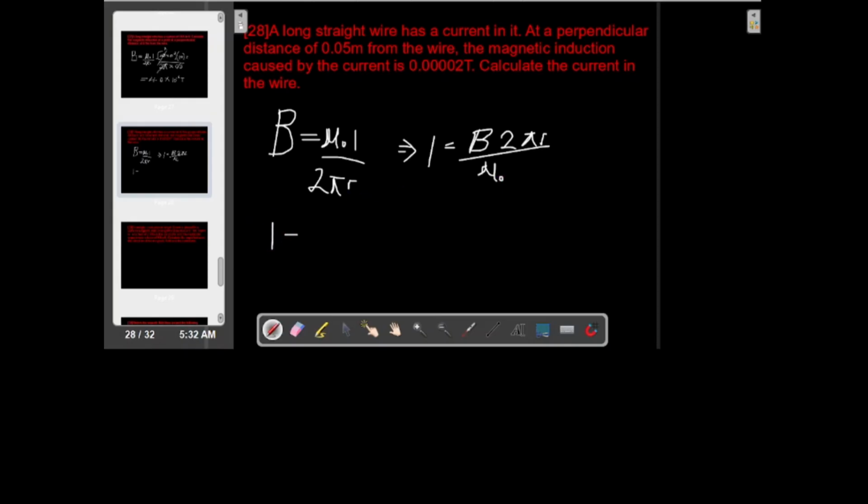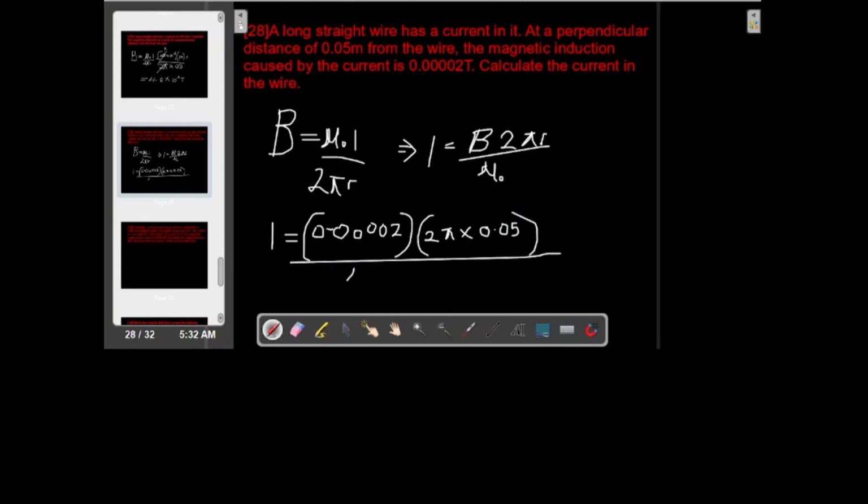Let's input our values. What is B from the question? As you can see, very small again: 0.000002 Tesla, multiplied by 2, multiplied by pi, multiplied by the distance from that wire, which is 0.05 meter, and everything divided by the permeability, which is 4 pi times 10 to the negative 7.